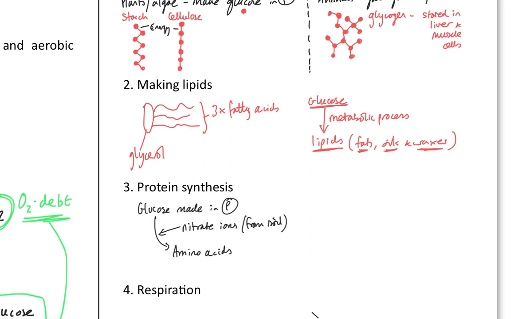Okay, so if I take glucose and add a nitrate ion, so back to our red dot example, there's glucose, and this is a nitrate ion, sorry, and therefore my amino acid is kind of that and that joined together.